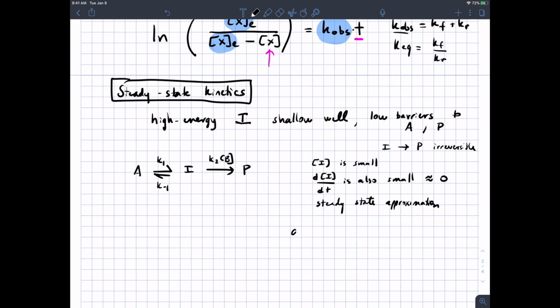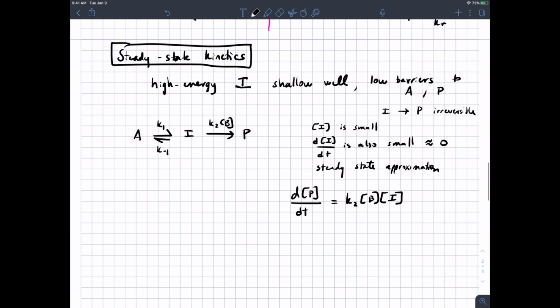So we would say that the rate of formation of our product should be equal to this rate constant K2 times the concentration of B times whatever the concentration of our intermediate is. And then mathematically this is what the steady state approximation is: the rate of change of I is 0.